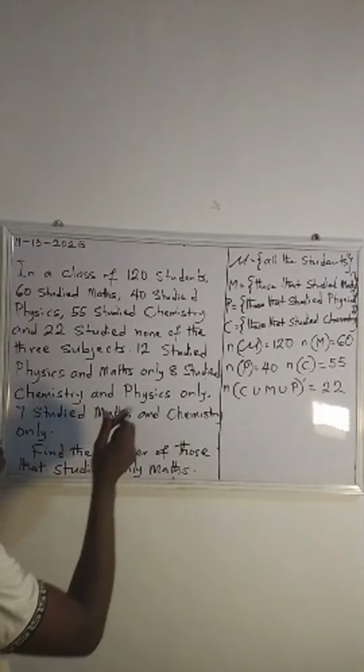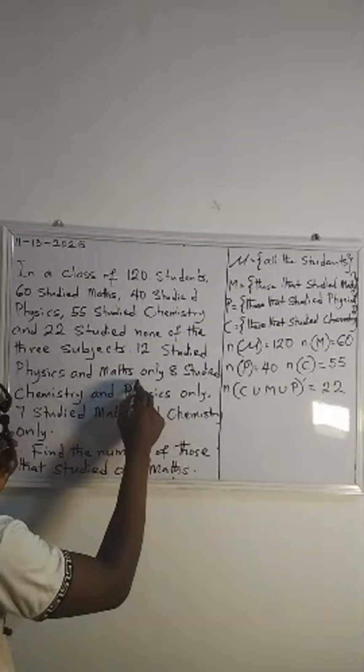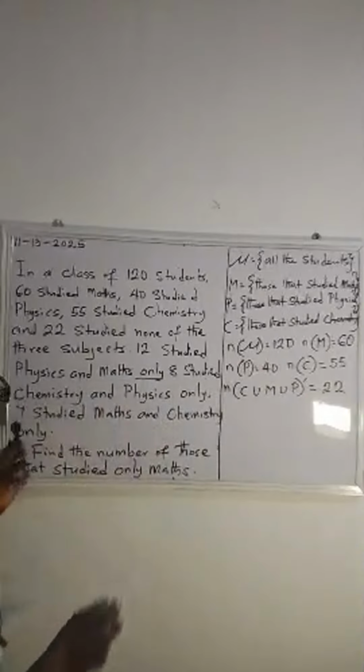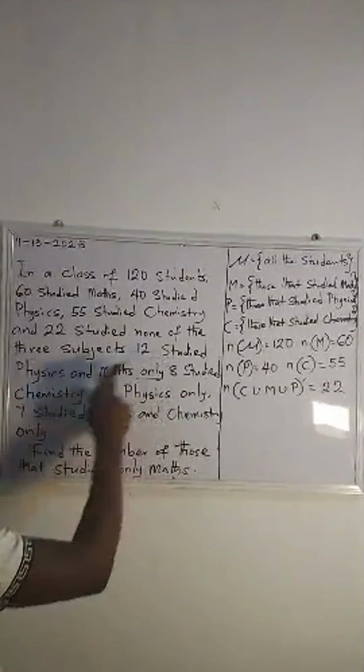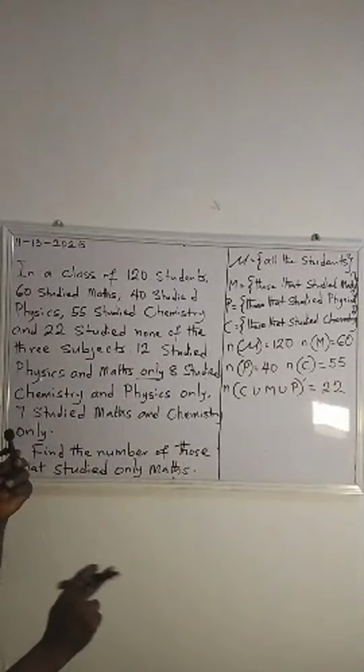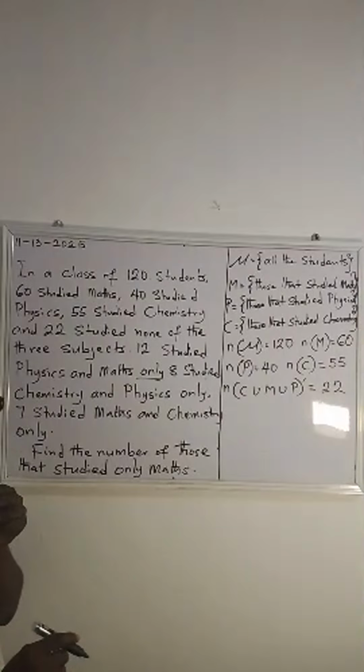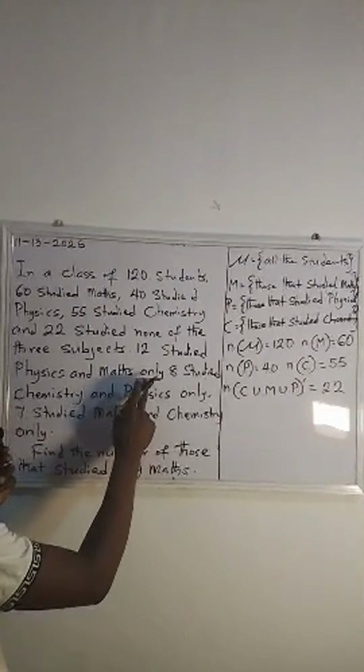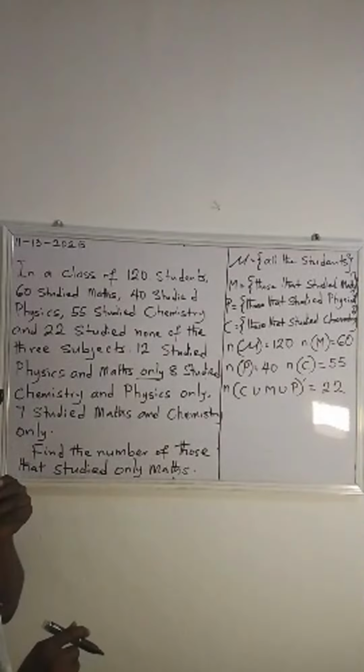Now the implication of this word only means that these 12 students that study physics and maths only, they didn't study chemistry. That is the meaning. The word only means they didn't study chemistry. All right.